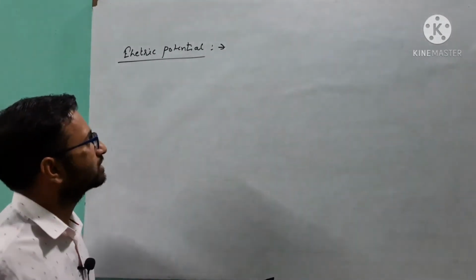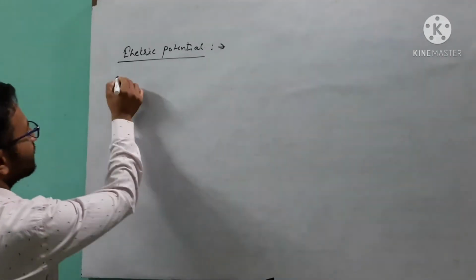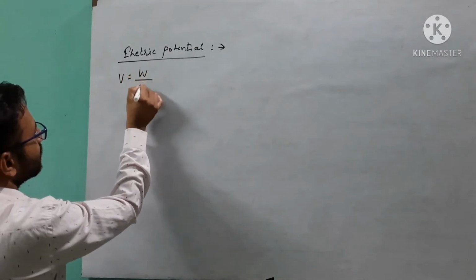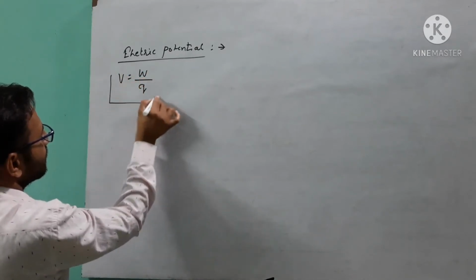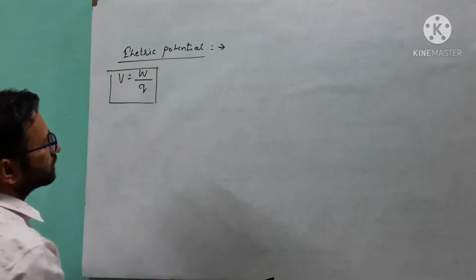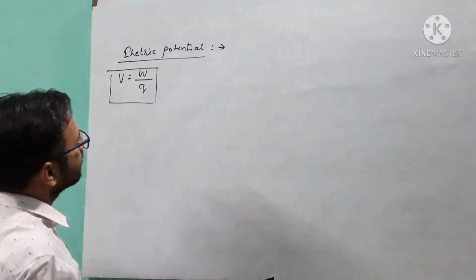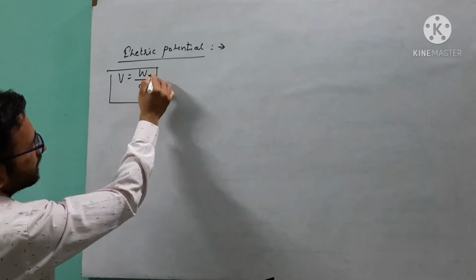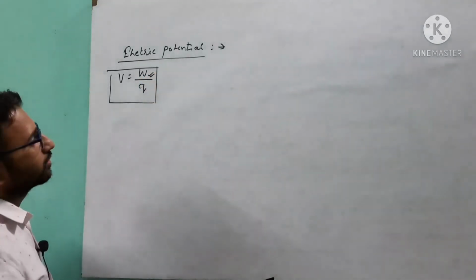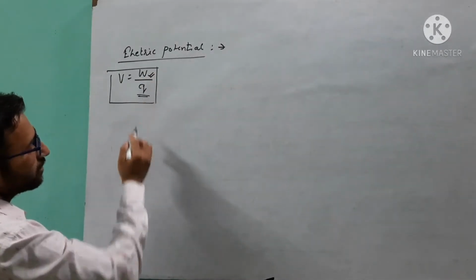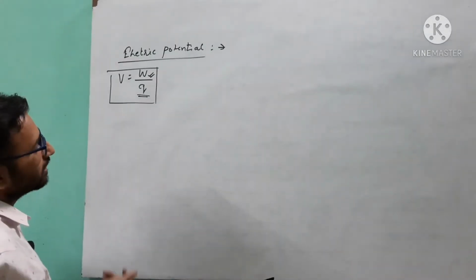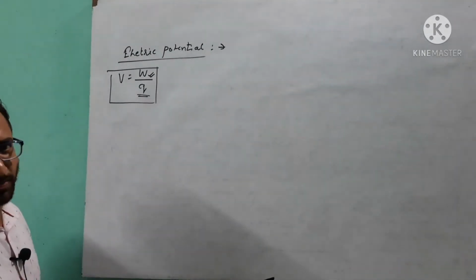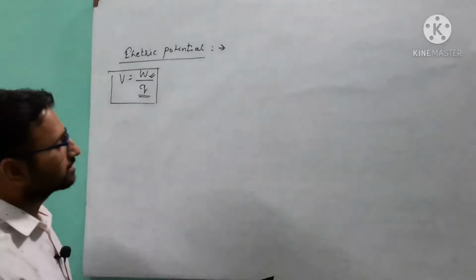So electric potential, in short, we can write V is equal to W upon Q.